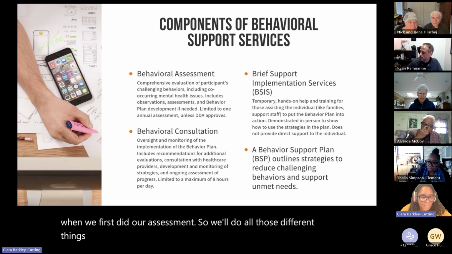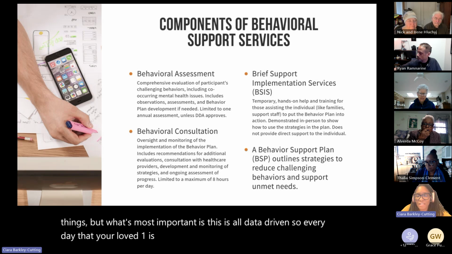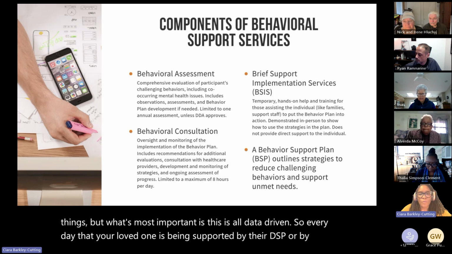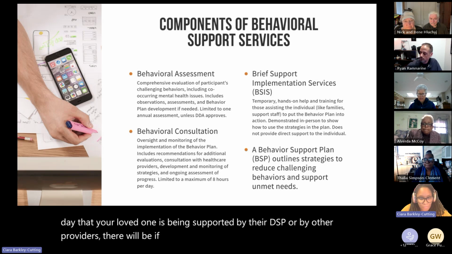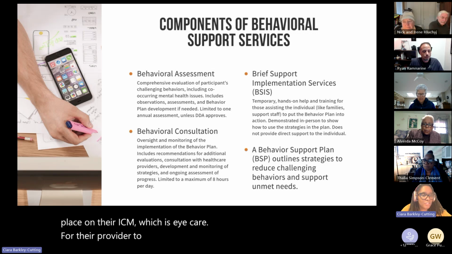But what's most important is this is all data driven. So every day that your loved one is being supported by their DSP or by other providers, if they have a behavior support plan, there will be a place on their ICM, which is eye care, for their provider to put in the information on just how their day went.